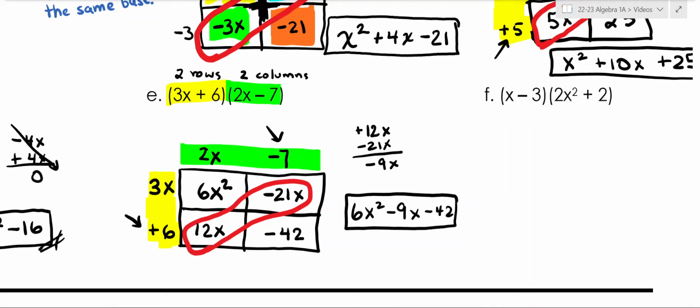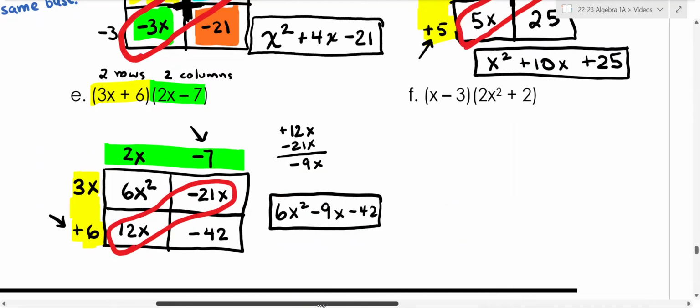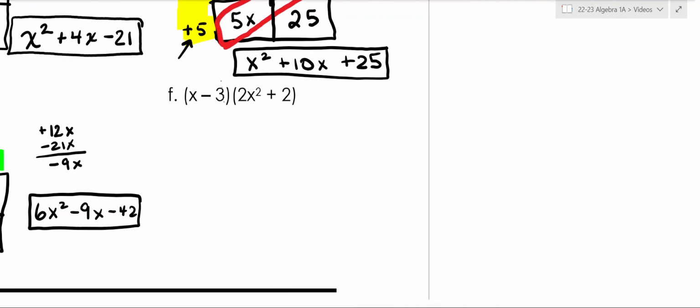All right, so this is that one scenario where those two terms are not going to be alike. When you look at this, I see x minus 3 as the first quantity. Once again, 2 rows. 2x squared plus 2, that's 2 columns. Is it always going to be 2 by 2? No, but we have to start easy, not to scare you too much.